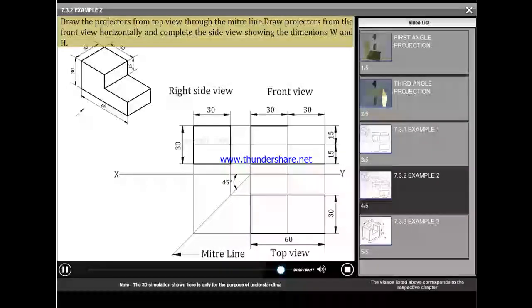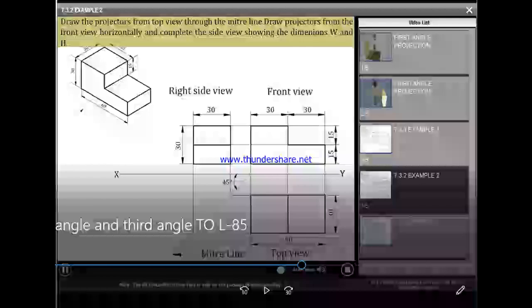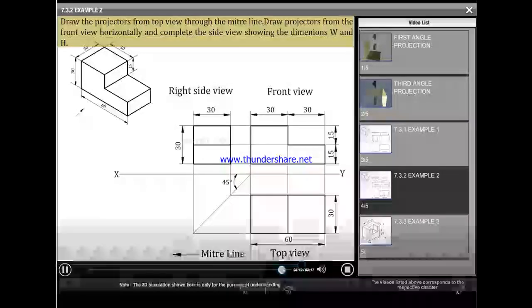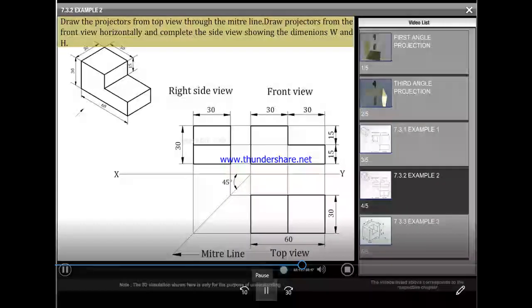Now it is done completely. Show the dimensions appropriately in all the three views.